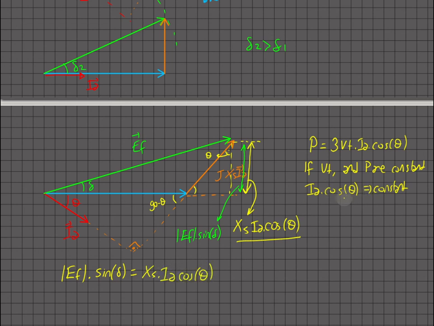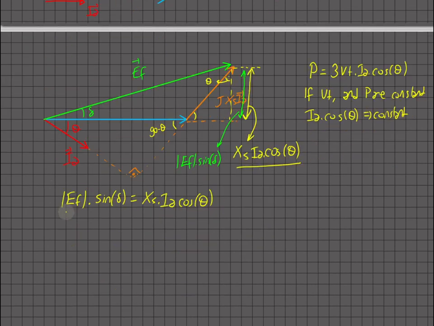And if that one is constant, I can say Ia times cos theta is equal to EF times sine delta divided by Xs, is going to be constant, and actually Xs is a machine parameter, so it's not going to change. So actually that distance is going to stay constant.